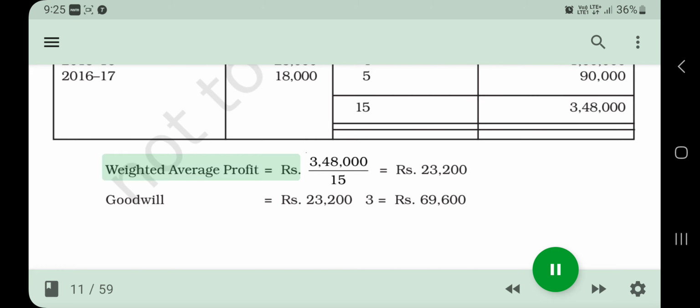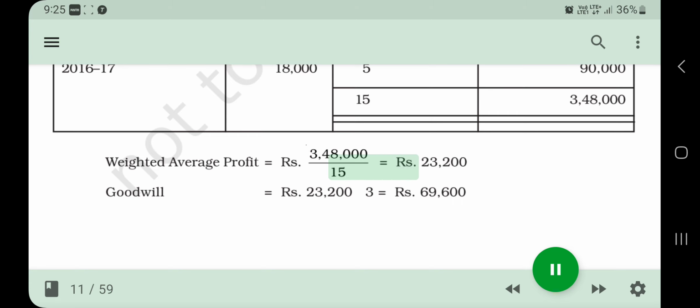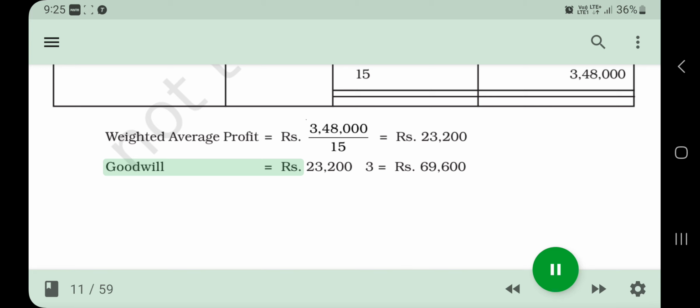Weighted average profit equals Rs. 348,000 divided by 15 equals Rs. 23,200. Goodwill equals Rs. 23,200 times 3 equals Rs. 69,600.